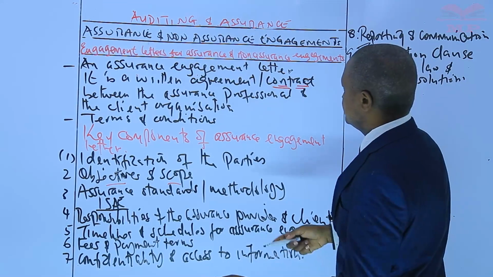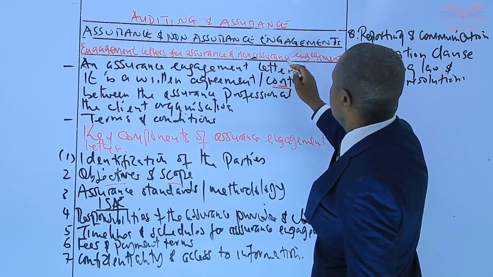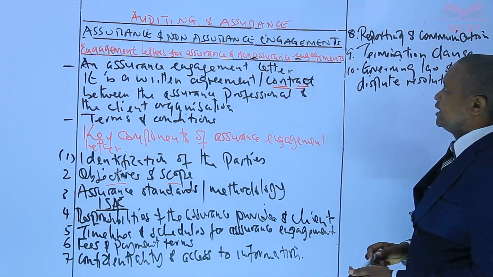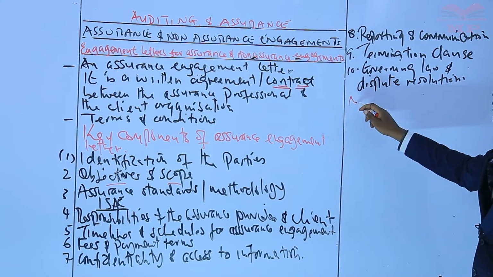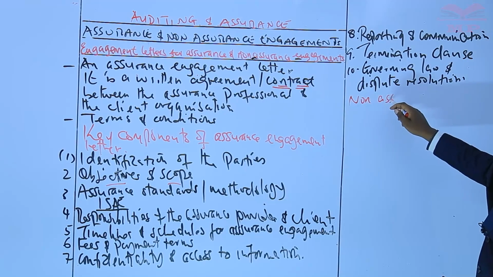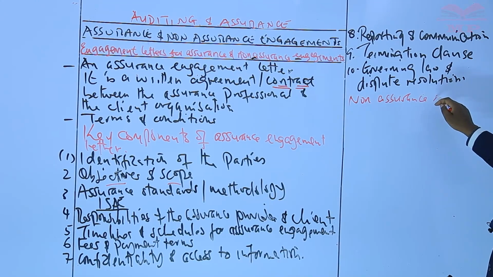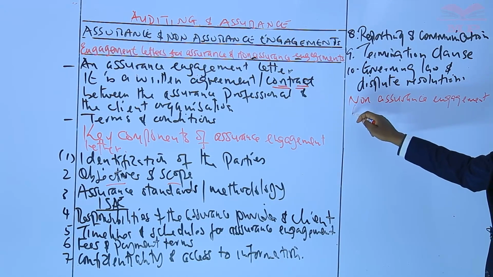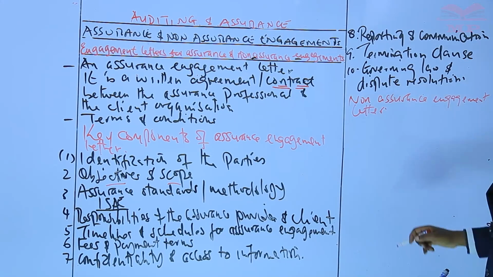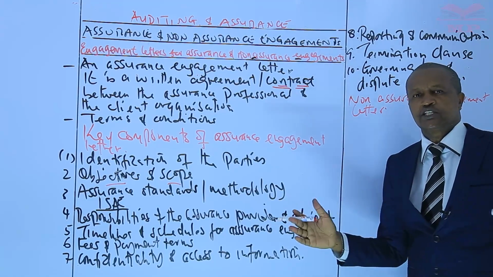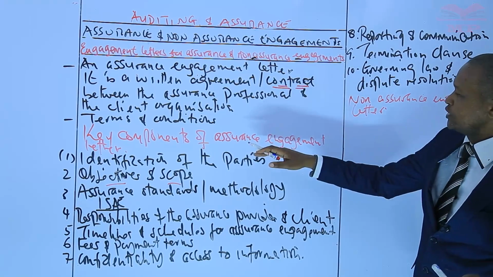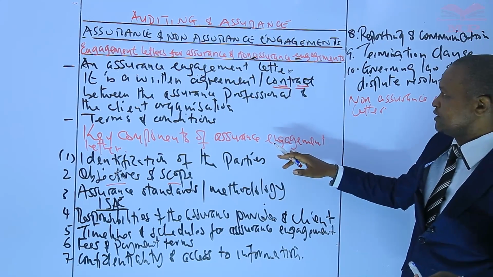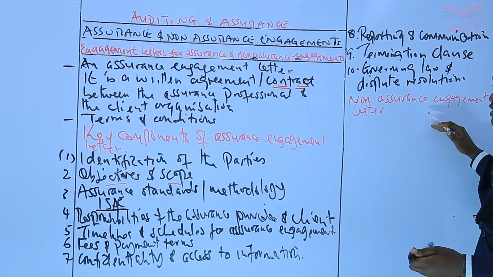There is the other bit, the non-assurance engagement letter. I hope you recall the distinction we made in our last lesson between an assurance engagement and a non-assurance engagement.